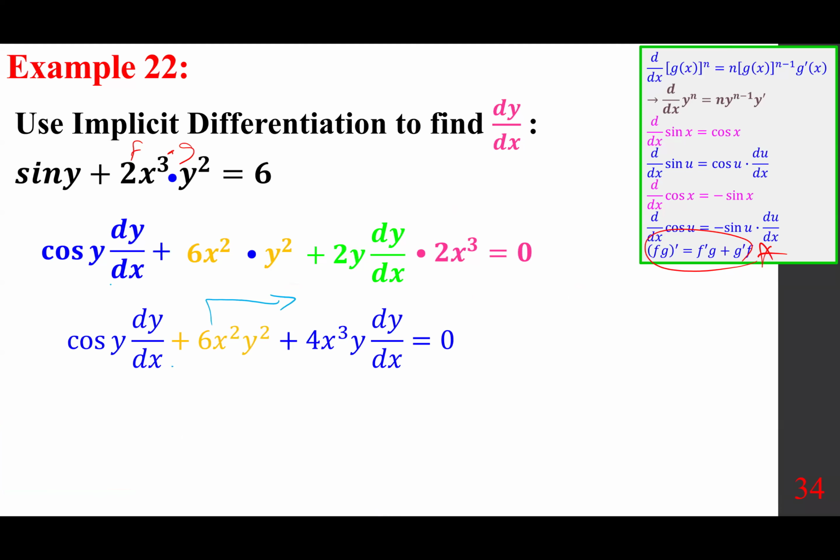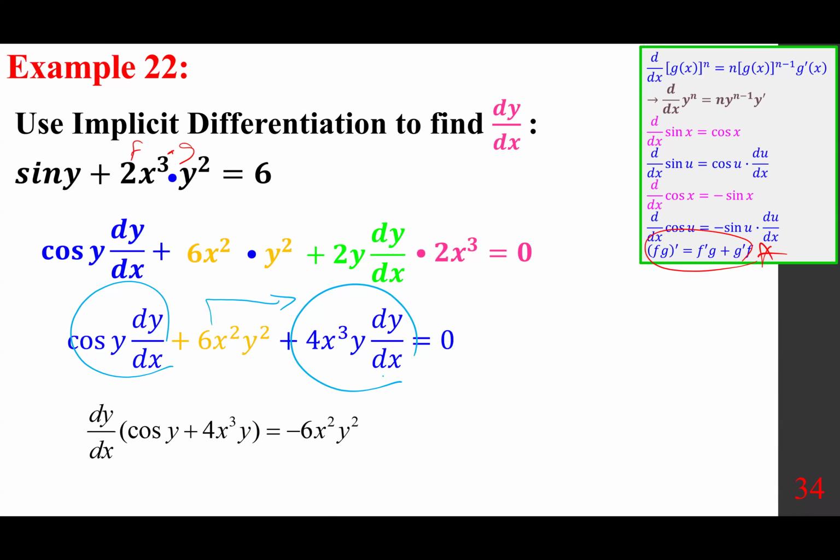On the left side, we are going to factor dy dx from these two pieces. So take a look. These two, when you take out dy dx, this gives you cosine y, this gives you 4x cubed y. This has moved and is negative on the right side. Divide by the parentheses, and that's dy dx.